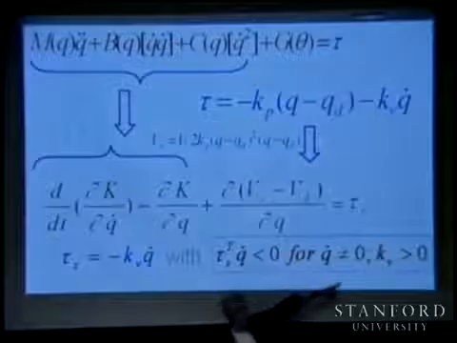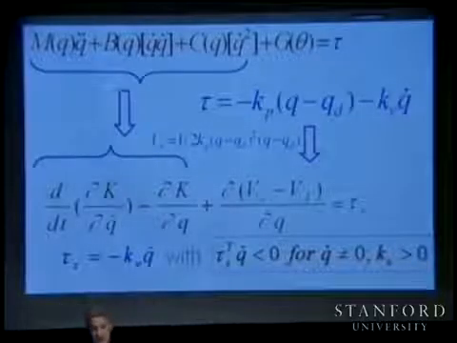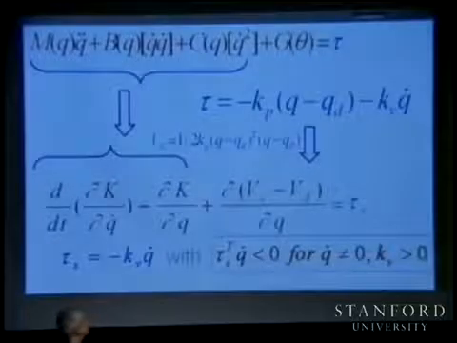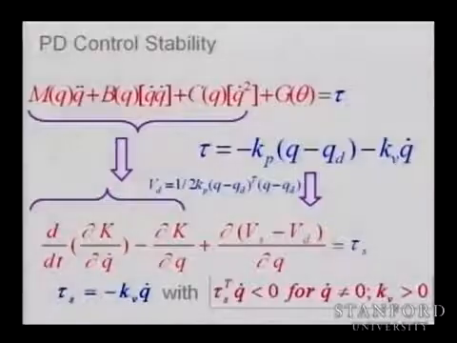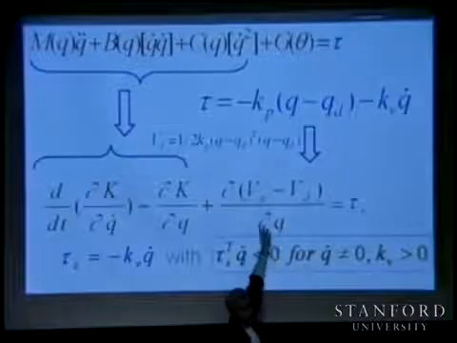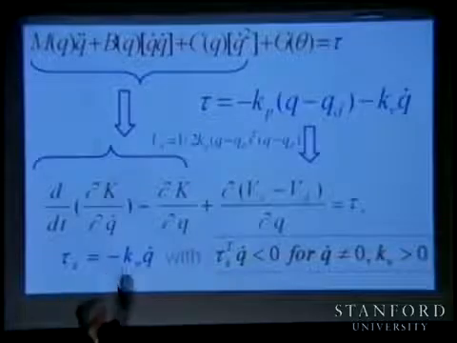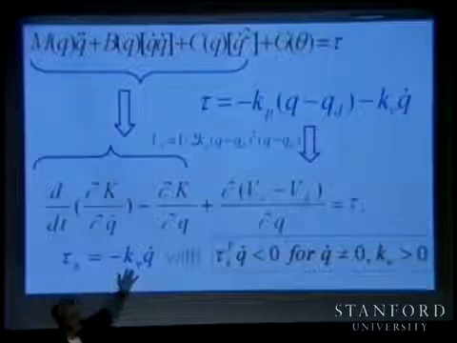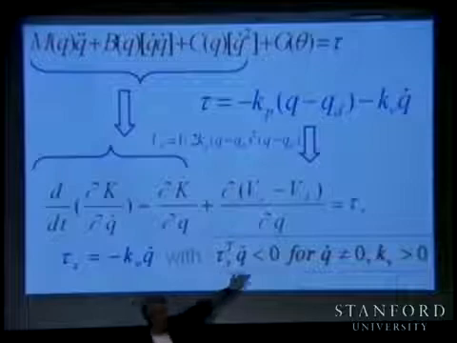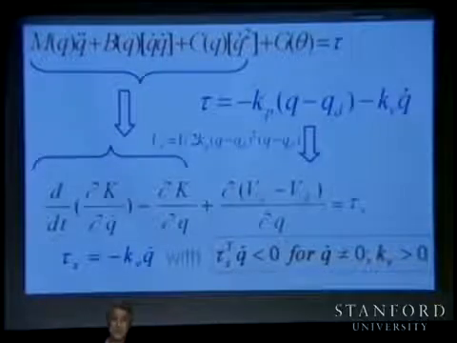As long as your kv is positive, this condition is satisfied, and we can show that this system is going to achieve this motion. You will go to the minimum of that potential energy, and because of this damping term, you are able to asymptotically stabilize your system. So yes, a PD controller is stable.